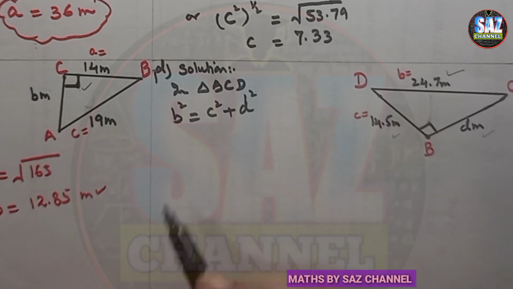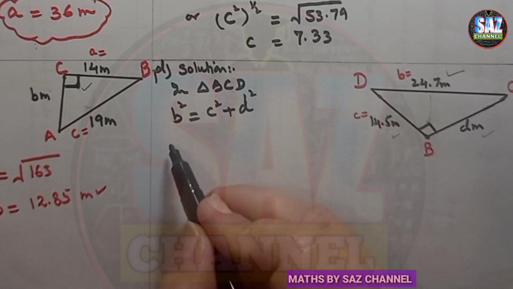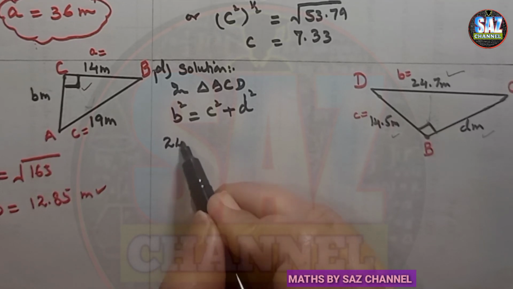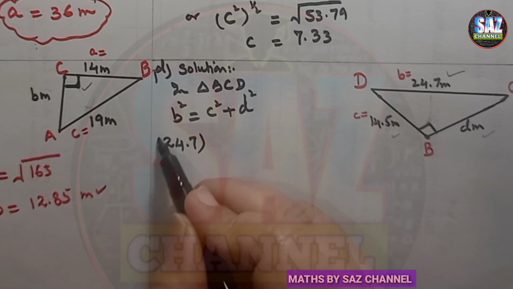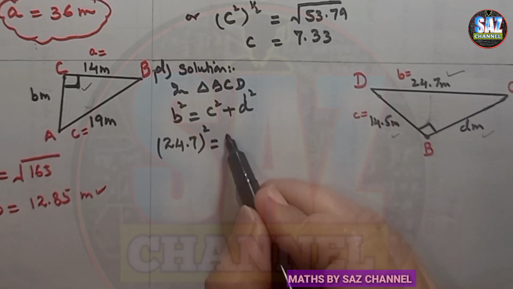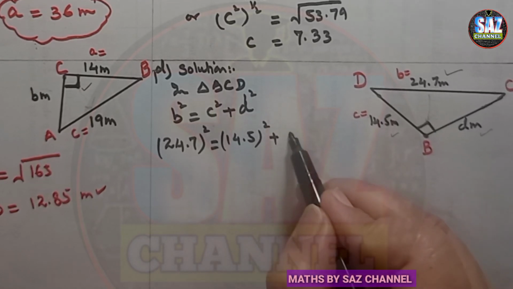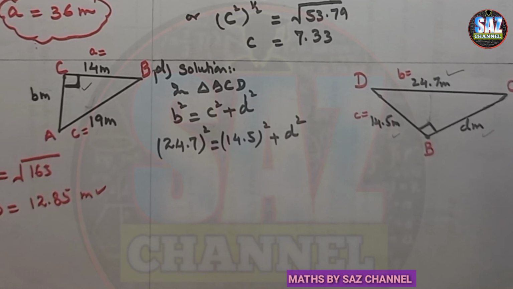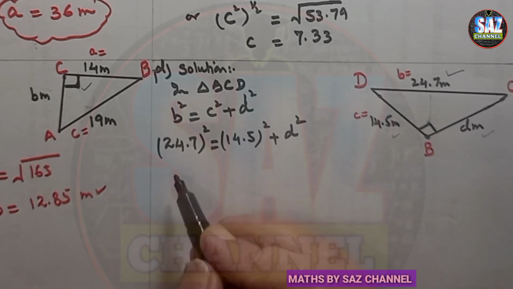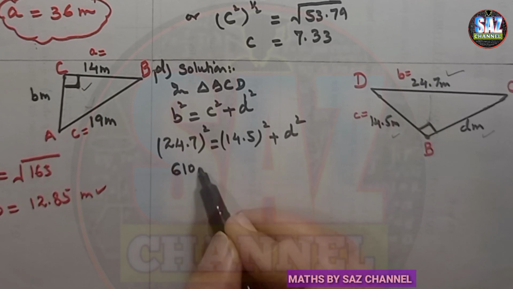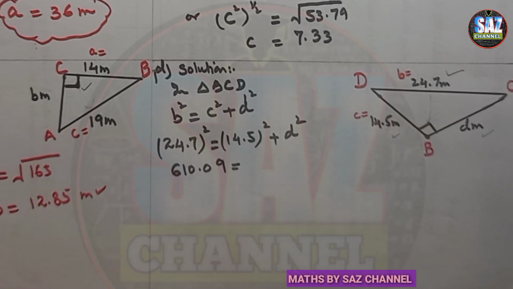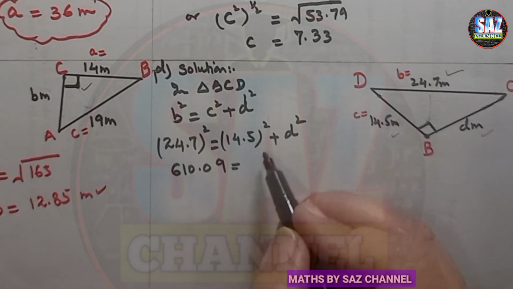Now we have to replace the letters with their values which are given in the question. 24.7 square will be equal to C, which is 14.5 square, plus D square as it is. Now quickly hold your calculator. 24.7 square gives me 610.09, which is equal to 14.5 multiplied by 14.5, which is 210.25.